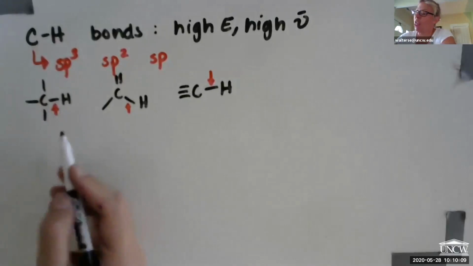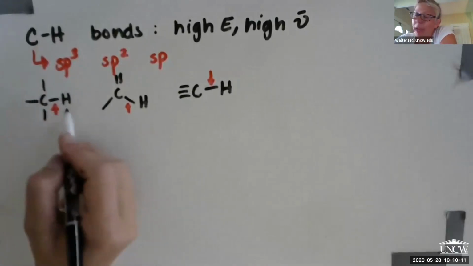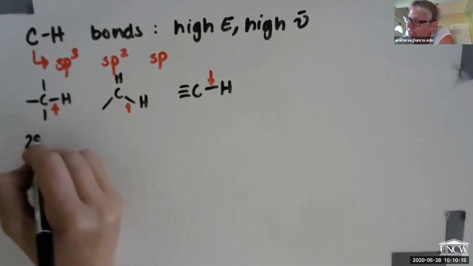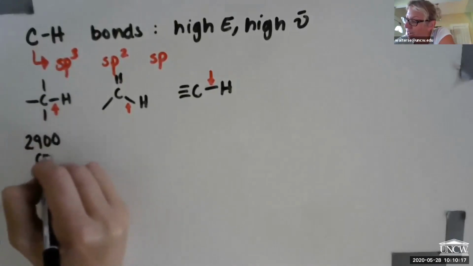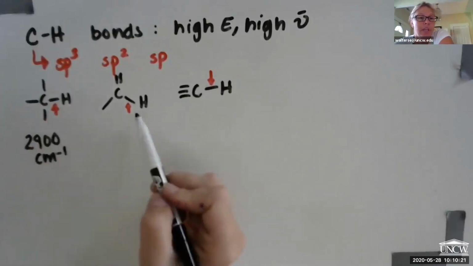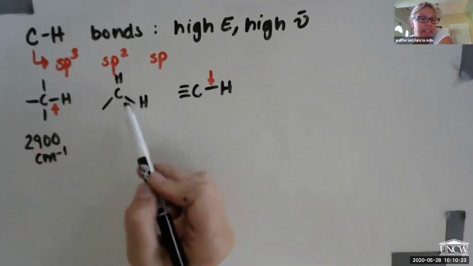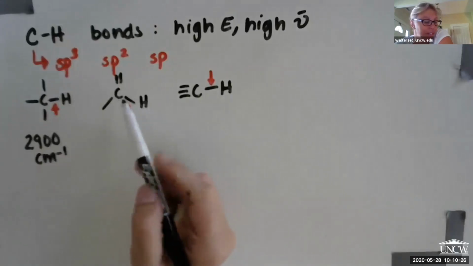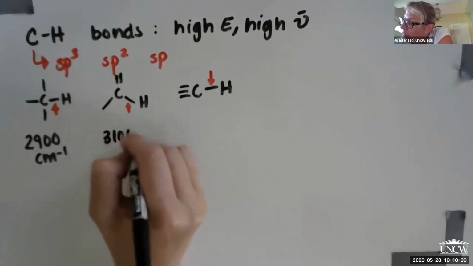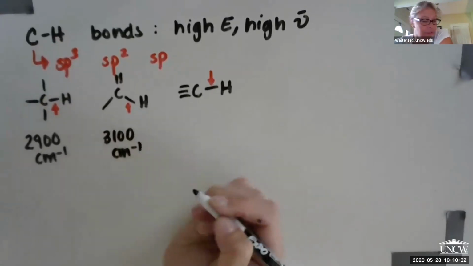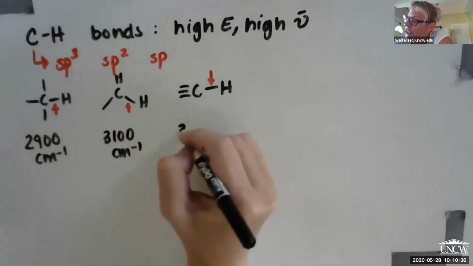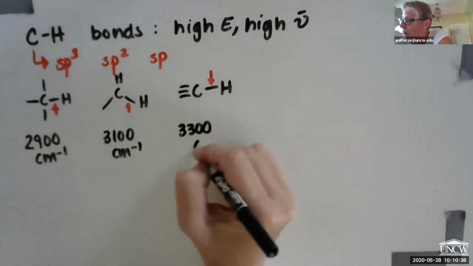When you have sp3 carbons bonded to hydrogens, these tend to vibrate around 2900 wave numbers. These vibrate a little bit faster because this carbon is a little bit more tightened up. 3100 wave numbers. These are even higher still, at about 3300 wave numbers.